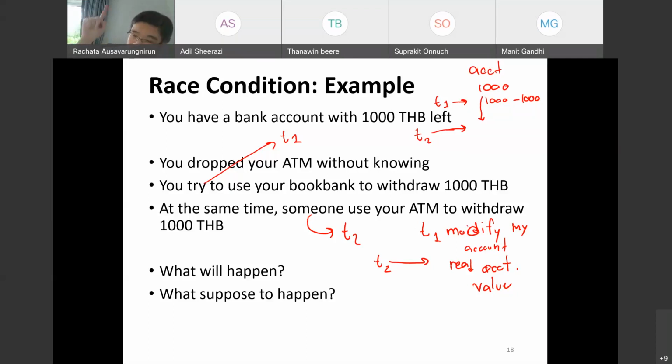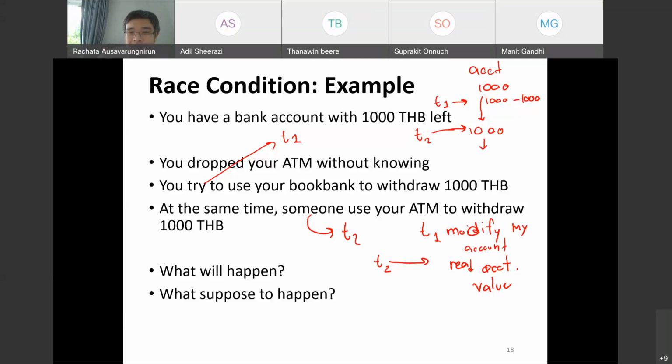So what's the value in my account? I read while thread 1 is still processing. It's still 1,000 minus 1,000. I don't know what the value is yet. So when T2 reads my bank account, what is the number I'm gonna see? 1,000, right? Because I haven't finished thread 1.